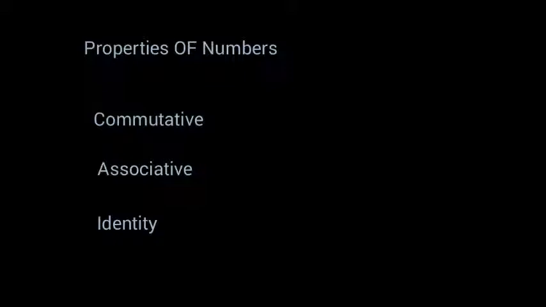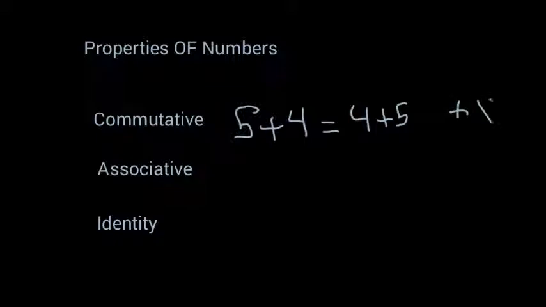So an example of that would be 5 plus 4 is equal to 4 plus 5. Now commutative only applies to addition and multiplication, meaning it doesn't matter which one comes first. 5 plus 4 is 9 and 4 plus 5 is 9.